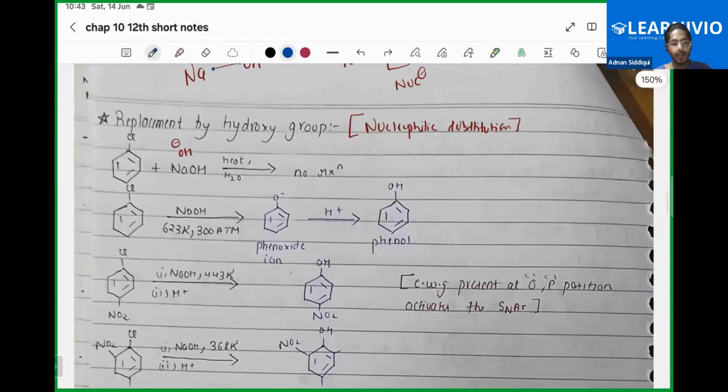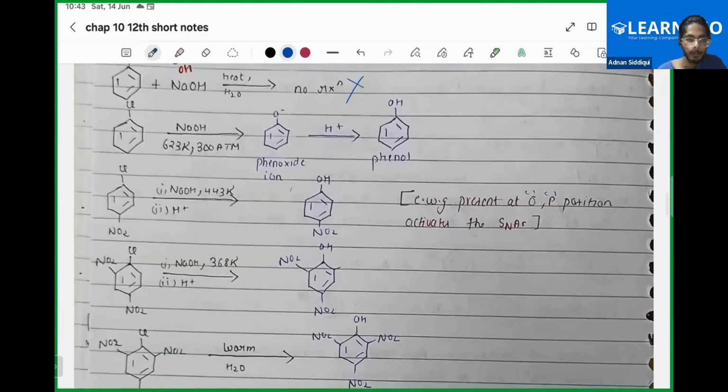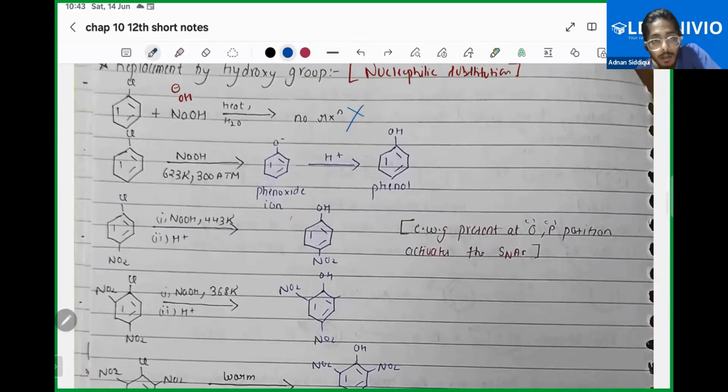Under normal conditions, this reaction will not go forward, because a nucleophile will not attack an electron-rich species, for the four reasons that we have discussed. But if you give a very high temperature and high pressure, then this reaction can occur and give you a product.